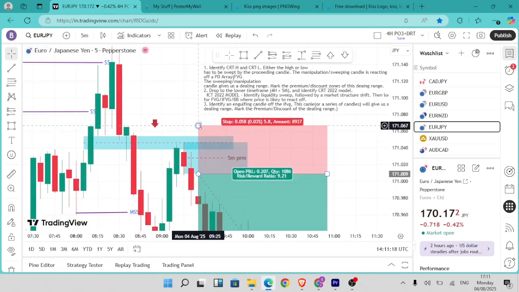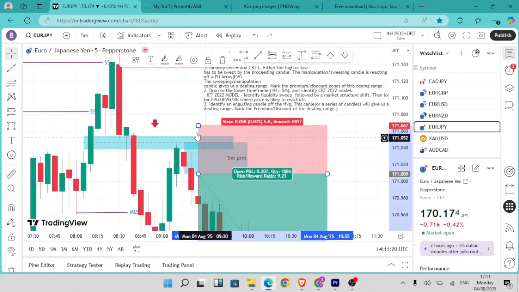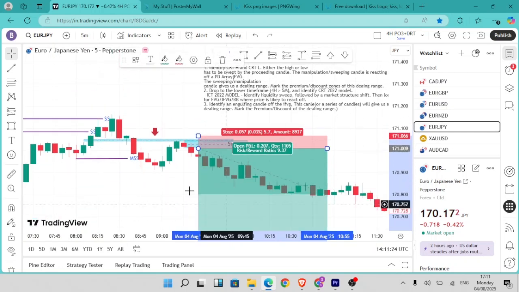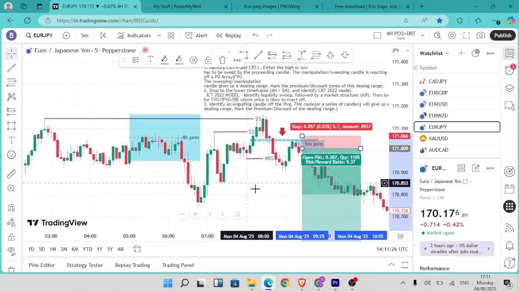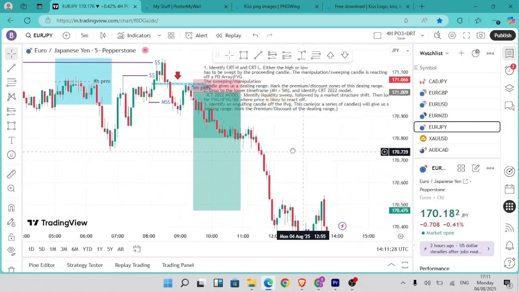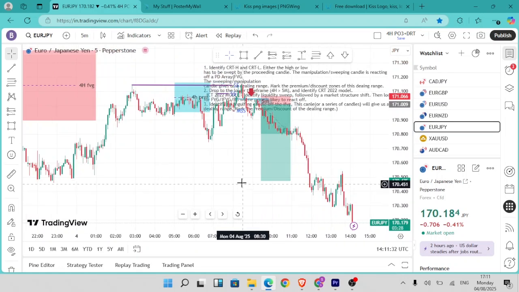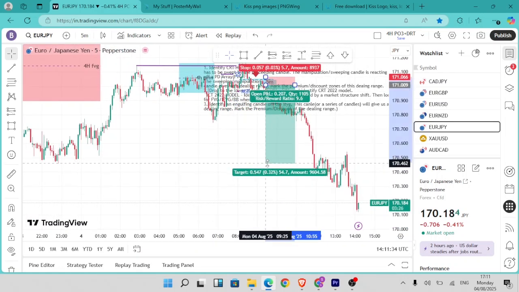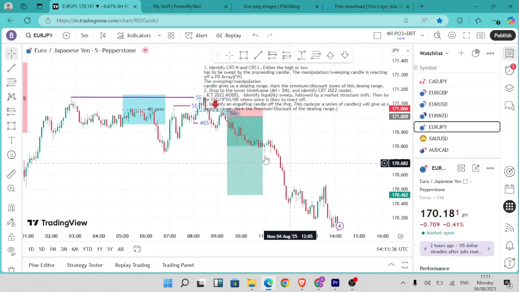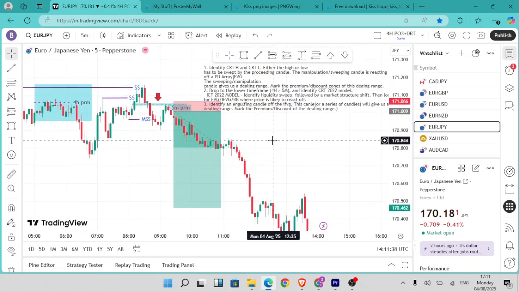So stop loss at that high, and that would have given you maybe a 10, 9.37 or a 10, depending on how you execute your orders, right there. So that was a 9.6.